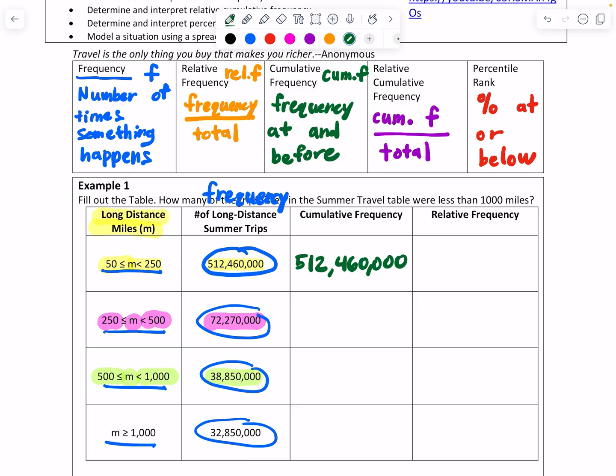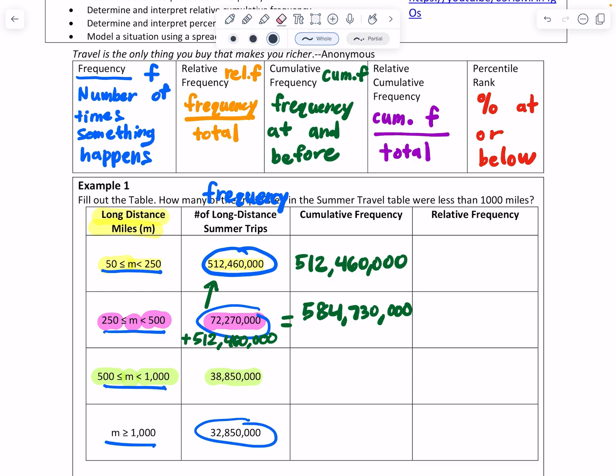It's going to be that 512,460,000. But for the next one, what I'm going to do is take the 72,270,000 and add the one before it, the 512,460,000. Now when I add them together, I'll get 584,730,000. That's the cumulative frequency at that point. Now the next one, cumulative frequency at or before. So what I'm going to do is add, actually, I kind of pointed to the wrong number here.